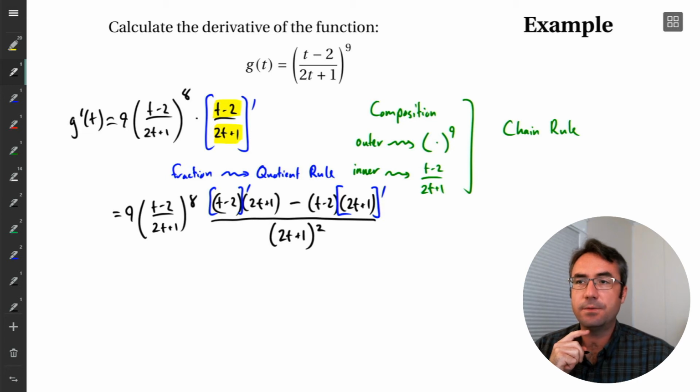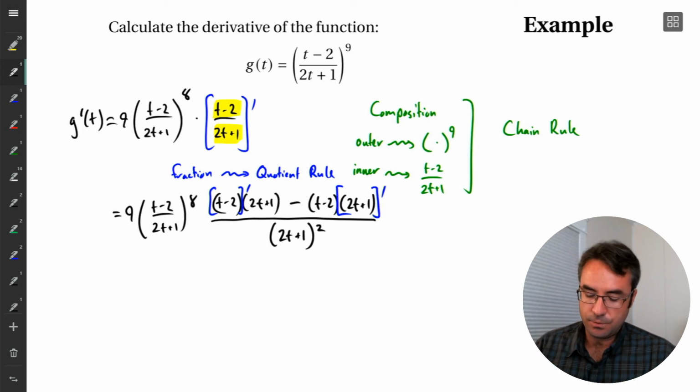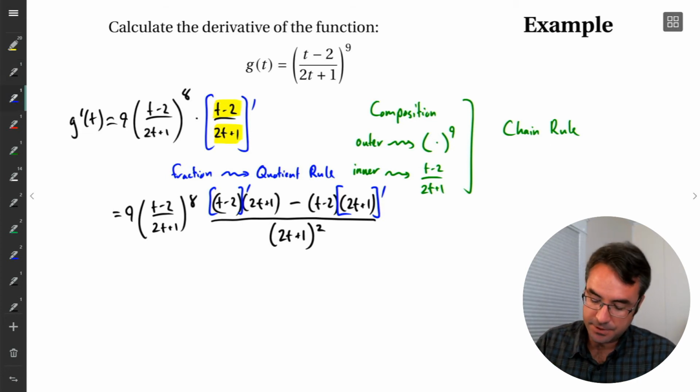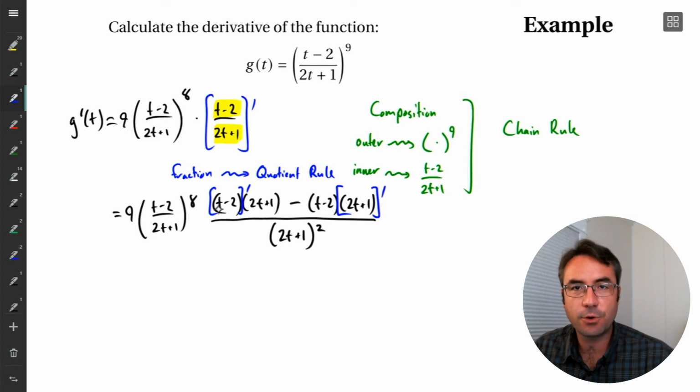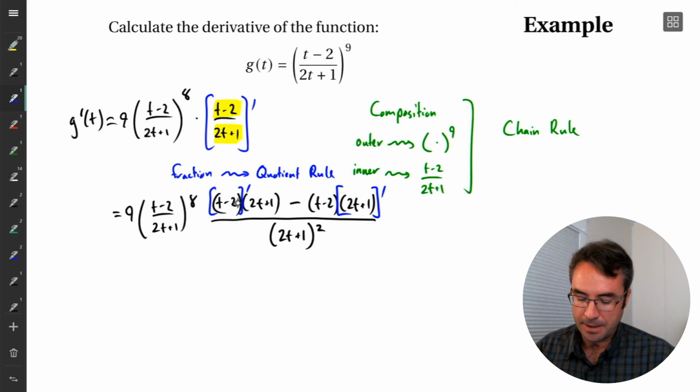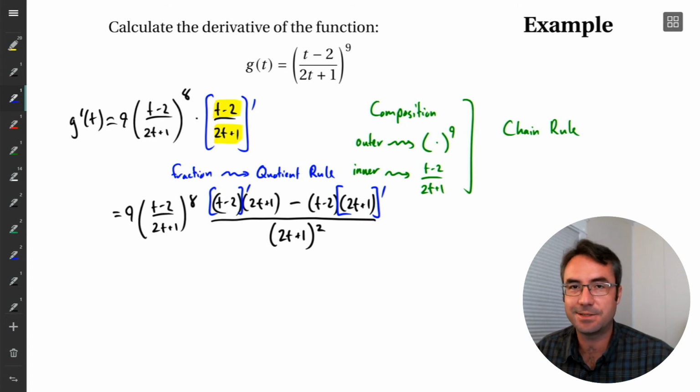All right, so what we've seen here is our quotient rule. The chain rule broke through the outer function, and the quotient rule now differentiates our way through that division. We still have some more derivatives to go, but each step of the way they're getting easier and easier. We have this t minus 2 which needs to be differentiated, and that's just a polynomial.